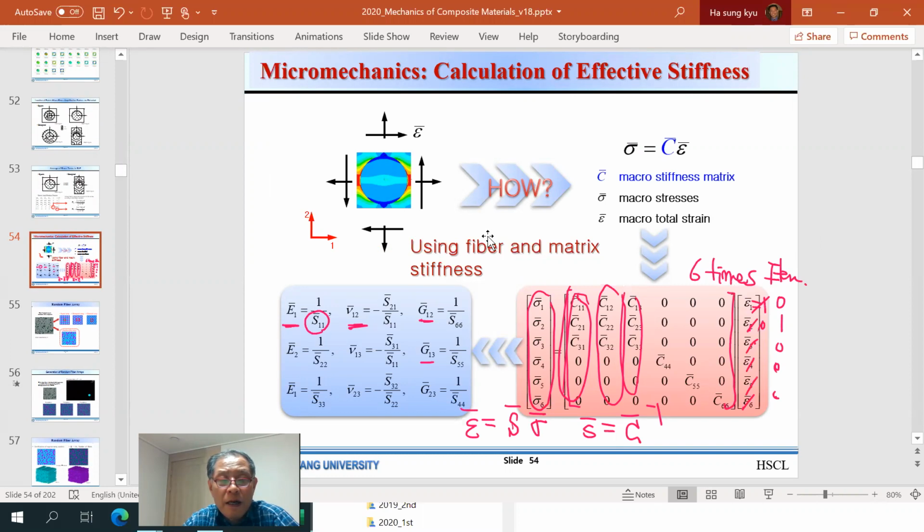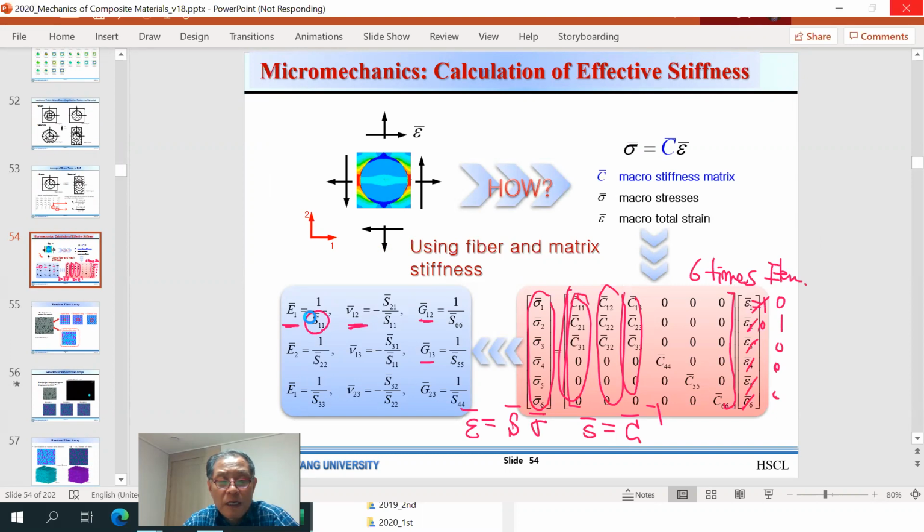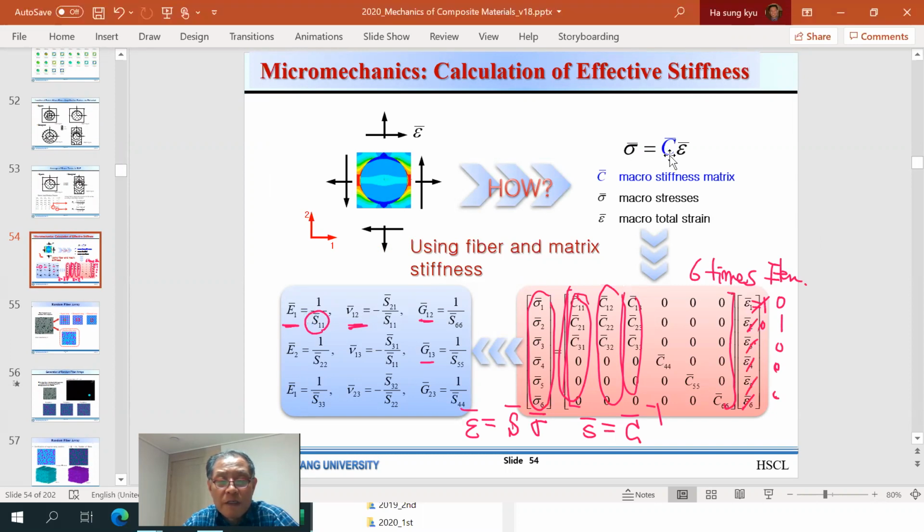And again, how do we calculate the engineering constants from this homogenized stiffness, C bar? Once we have a 6x6 homogenized stiffness, how do we calculate the compliance? The engineering constants come from inverting this stiffness matrix to get the compliance, and then by definition you can get the engineering constants like that.